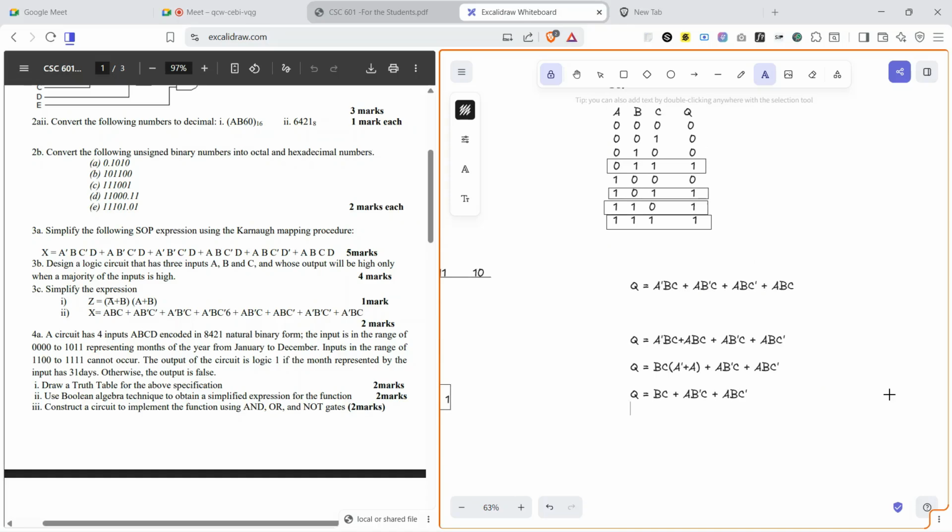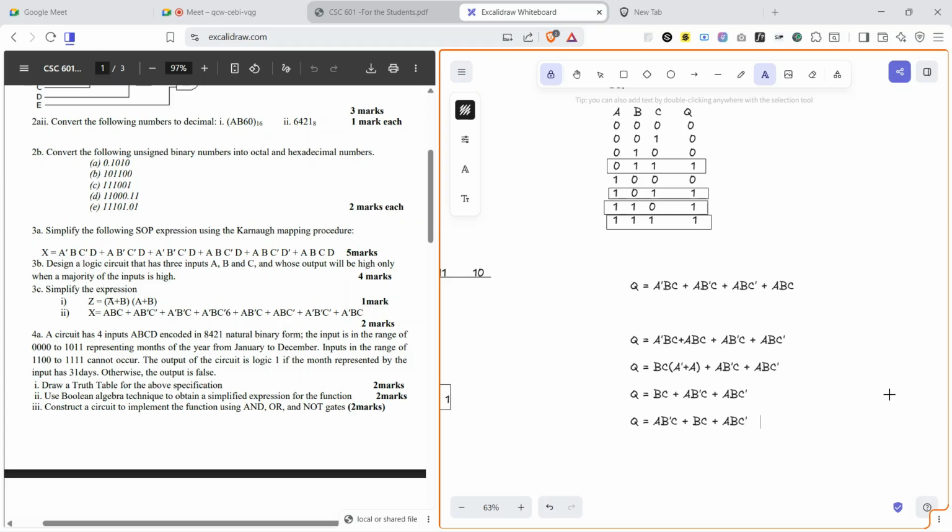So I think the next thing we can simplify here is BC. So this should be AB. So Q equals AB bar C plus BC plus ABC bar.